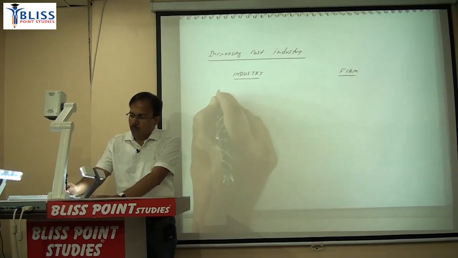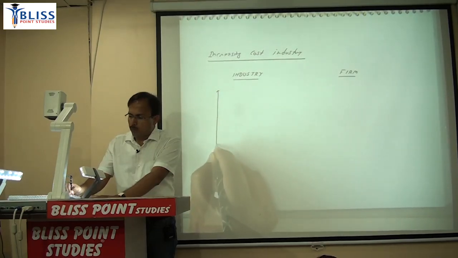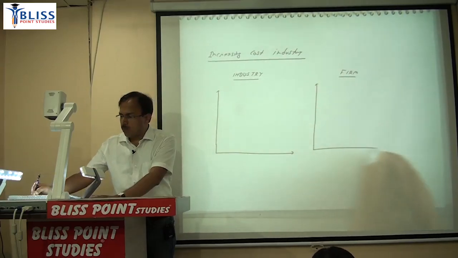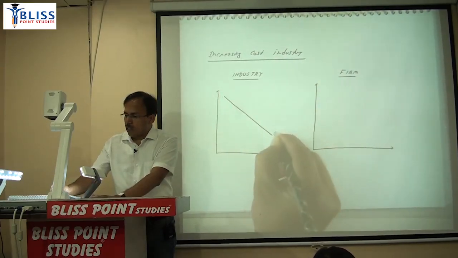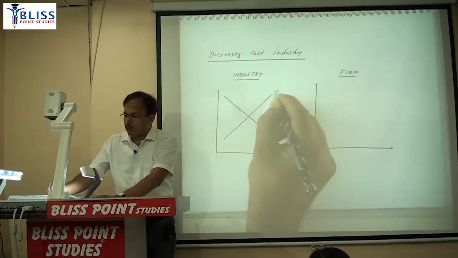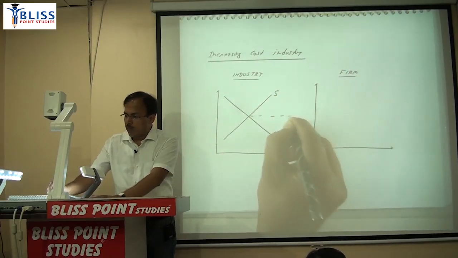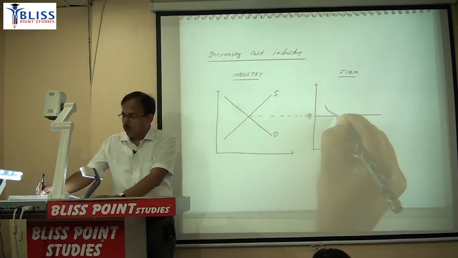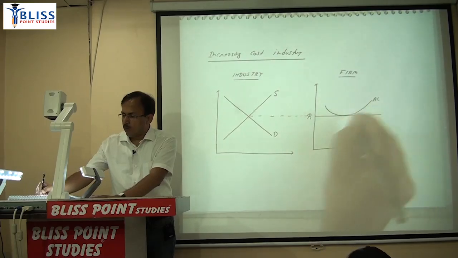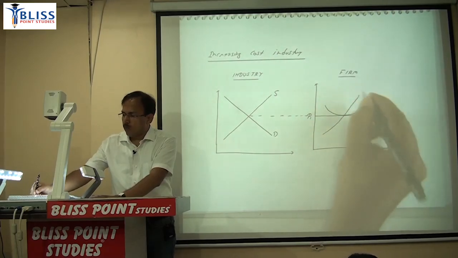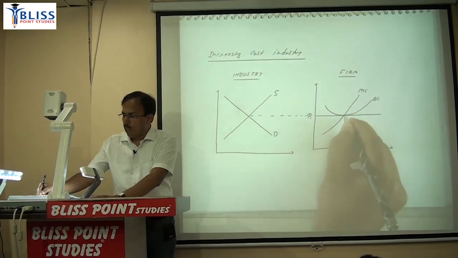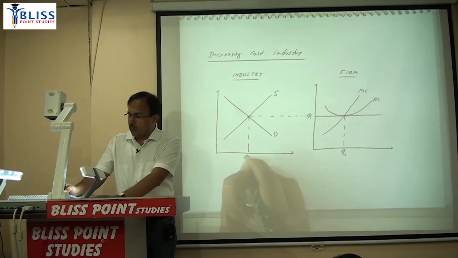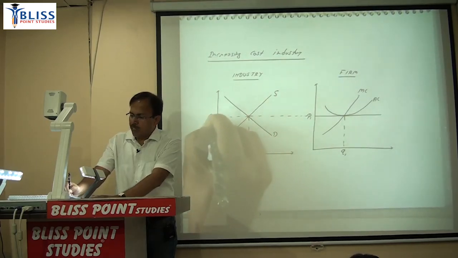Okay, and now show the paragraph you have written with the graph. Left side is for industry and right side for firm. Always up to this diagram will remain the same in all. Initial quantity is Q1 and industry is producing quantity Q1 and selling it at price P1.